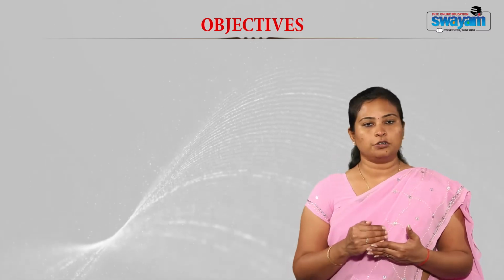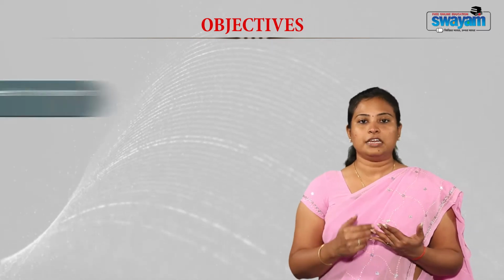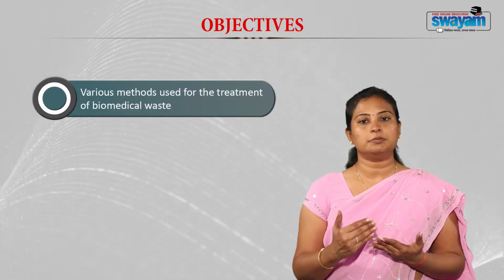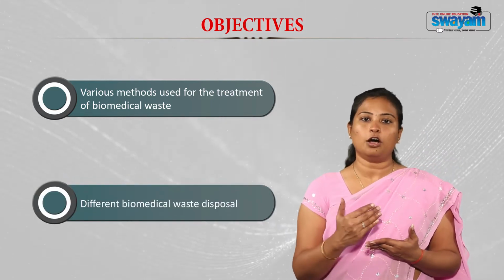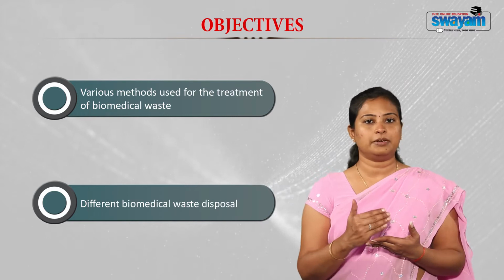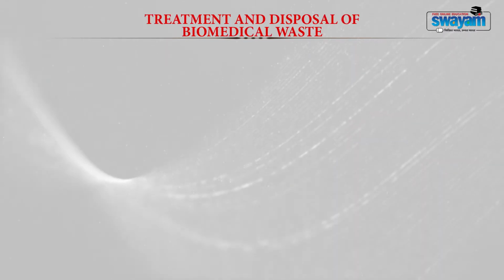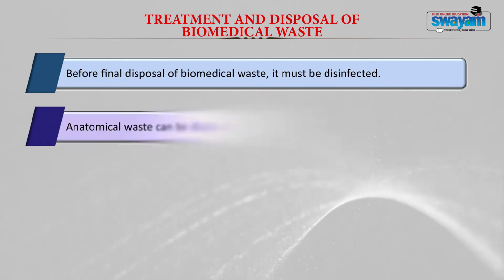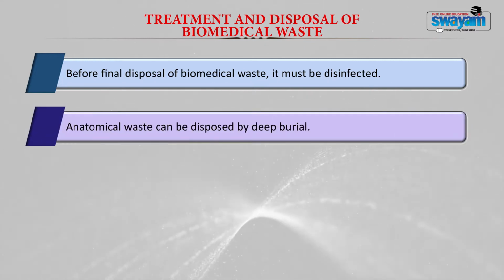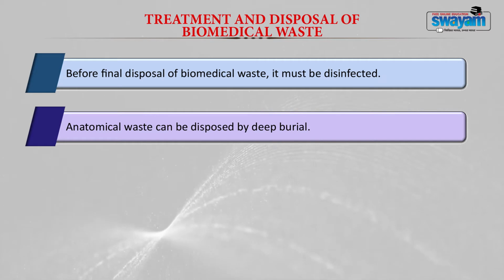Now, with this, let us look into the learning objectives of this module. We will study the various methods that are used for the treatment of biomedical waste. Then we will focus on different disposal options that are available for biomedical waste management. Any biomedical waste specifically has to be disinfected before final disposal. Anatomical waste should generally be disposed of by deep burial.